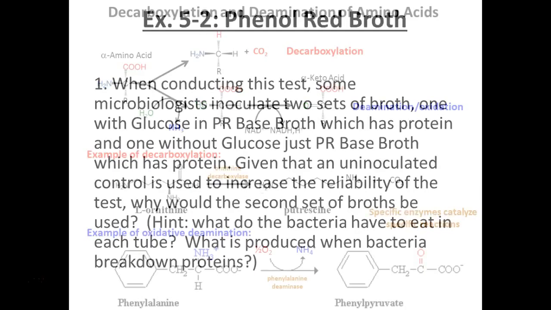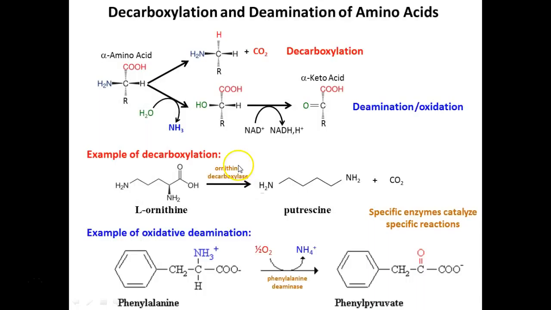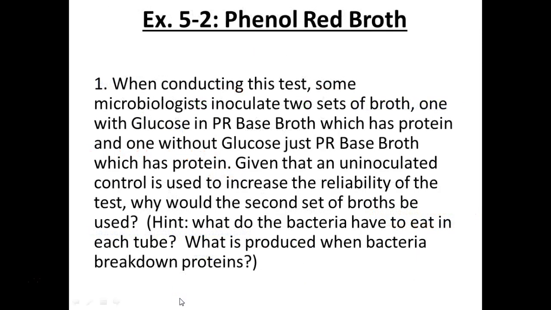Oh, and the reason why these two are mentioned is the last test system that we don't do anymore that I'll show you guys about. You can test if they can actually break down this particular amino acid or this one, ornithine or phenylalanine. They can deaminate them.